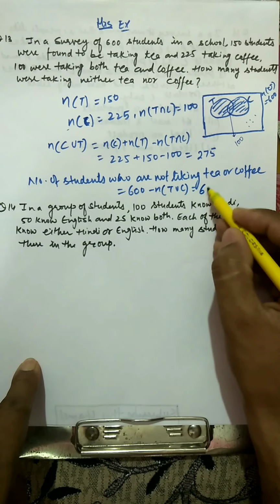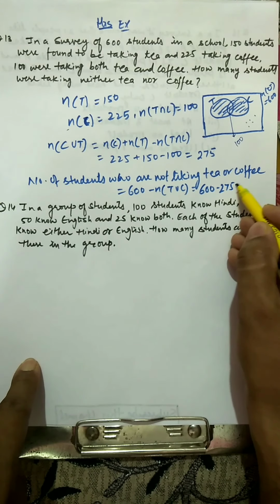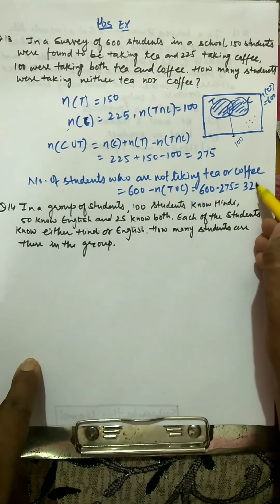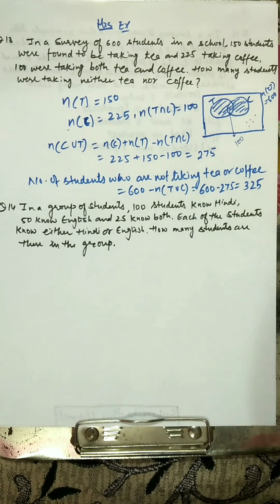So this is 600 minus 275, which is 325. So these 325 are the students who like neither tea nor coffee. This is the answer of this part.